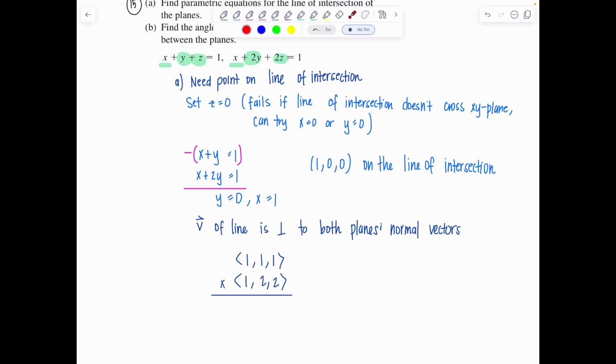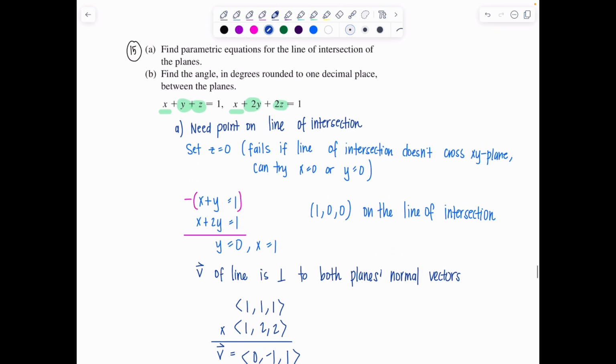So 1, 1, 1 is the normal vector for the first plane. 1, 2, 2 is the normal vector to the second plane. So here I will get my direction vector. If I cross those two, what do we have? 0, 1 minus 2 is -1, and then 2 minus 1 is 1. So the direction vector for our line has components 0, -1, 1.